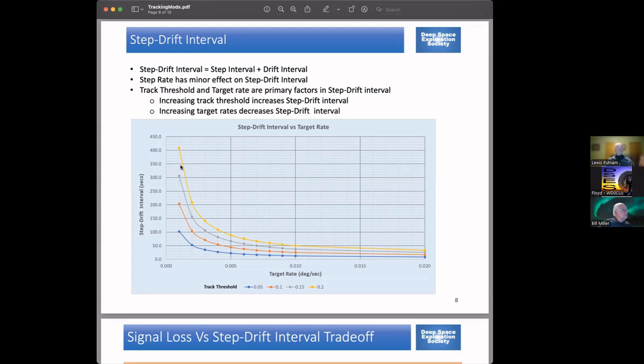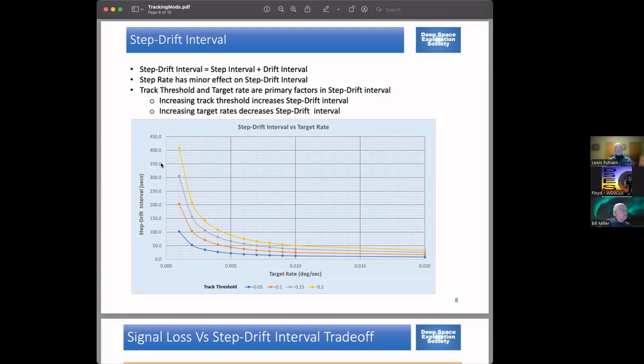And the way you can read this chart is that you can take a target rate you're interested in, and just to do one that's easy, 0.005, and you go vertically up until you hit a threshold plot line, and then go across to the y-axis and read off what the interval would be.